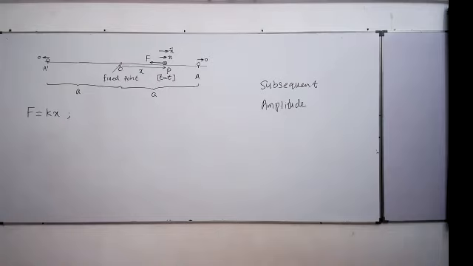Write down. The velocity of the particle after moving a distance which is equal to amplitude from the center is 0.